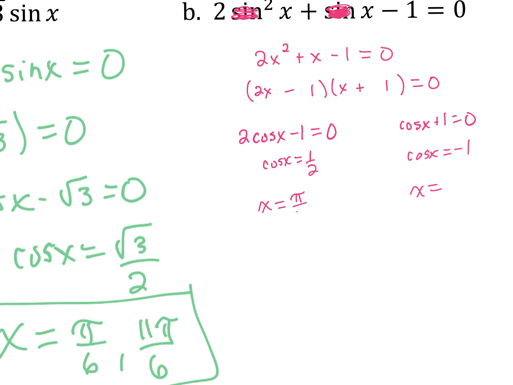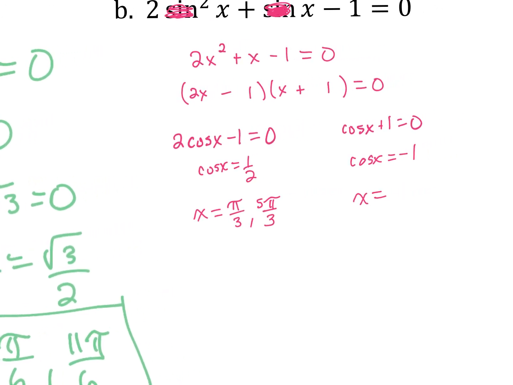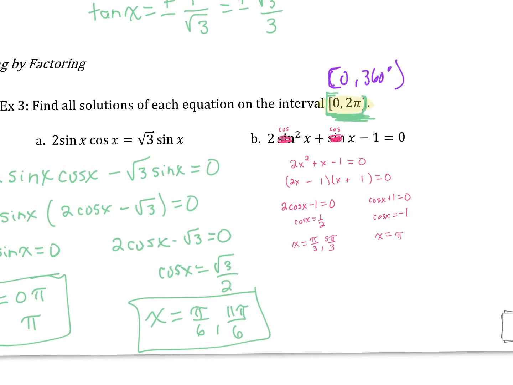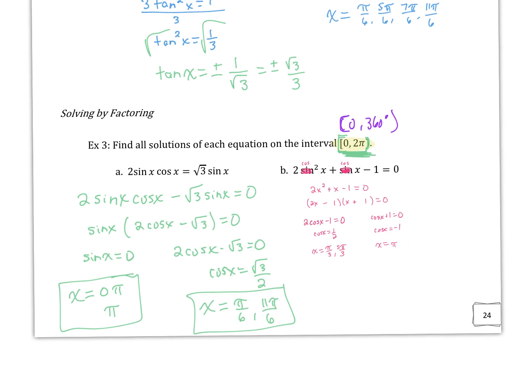Pi over 3, and where else? 5 pi over 3. There you go. And then where is the cosine of x equal to -1? Pi. Okay. All right. Questions, guys?